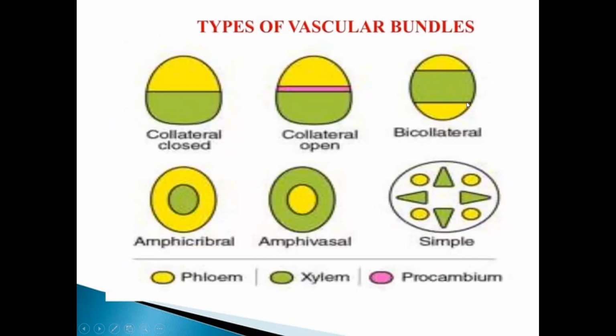This line is the cambium. In between the xylem and the inner phloem, the cambium is present. Here is the outer phloem, and here also the outer cambium. So outer cambium and inner cambium, outer phloem and inner phloem: a bicollateral arrangement. It is a special character, generally seen mainly in Cucurbitaceae and Solanaceae members.